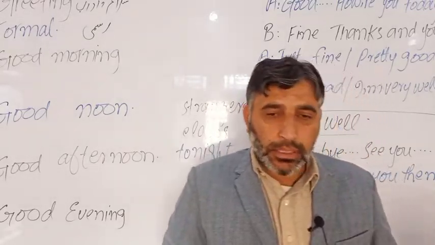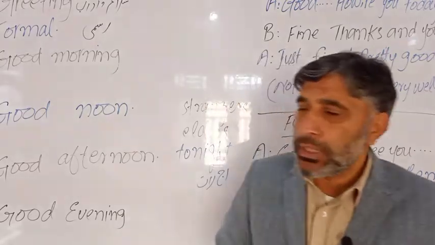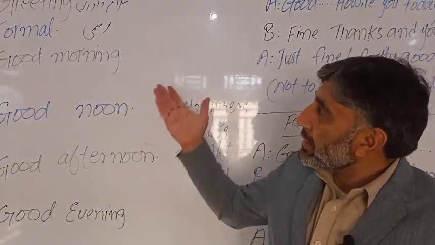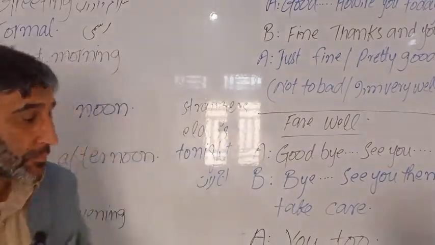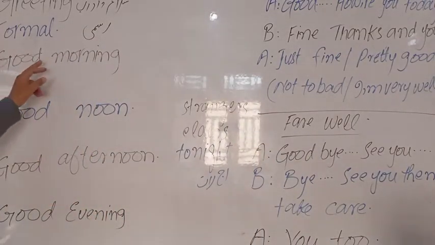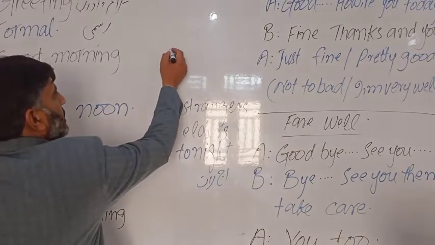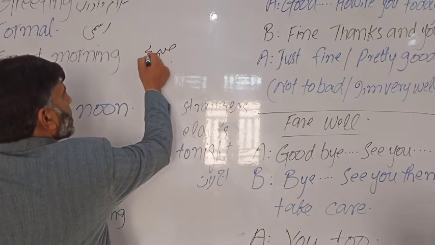So dear viewers and listeners, we are talking about greeting and formal greeting. In formal greeting, at the morning time we say good morning. What does good morning mean? Subh bakhair.